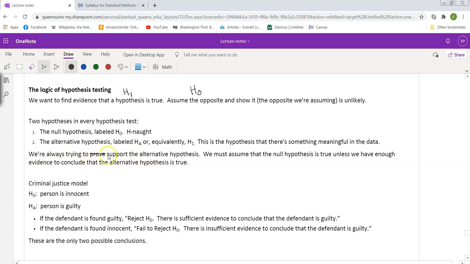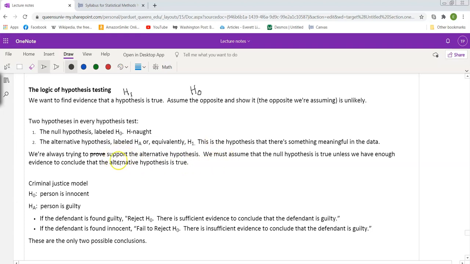I purposely put this word prove in here, marked out, because remember we said before, in statistics you never say you're certain. This word prove sounds like it's done conclusively, that it's an open and shut case, it has been proven true. But that is not what we have going on in statistics. We never prove anything. We wish we could, but we can't.